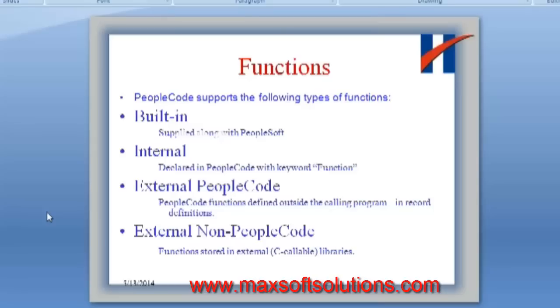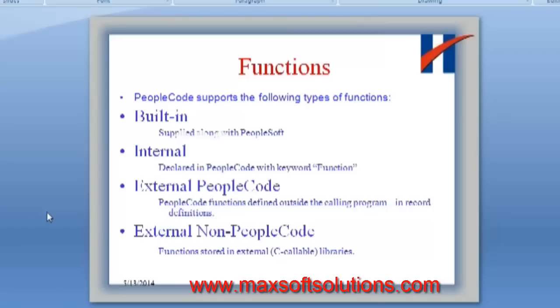Functions. A number of different types of functions are available. Built-in functions are supplied along with PeopleSoft. Some predefined functions are there in PeopleSoft. We can call those built-in functions. Internal PeopleCode functions, we can call them by using the keyword function.